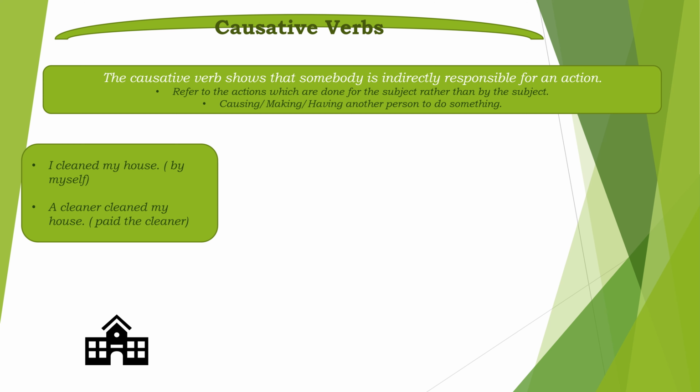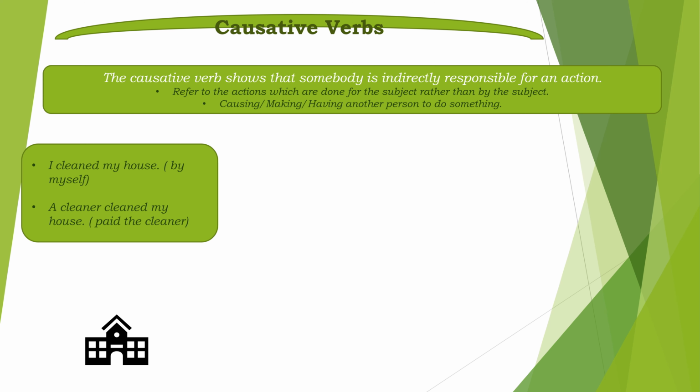In other words, I didn't do this action of cleaning my house. I made a cleaner clean my house for me because I have paid the cleaner to do that task.